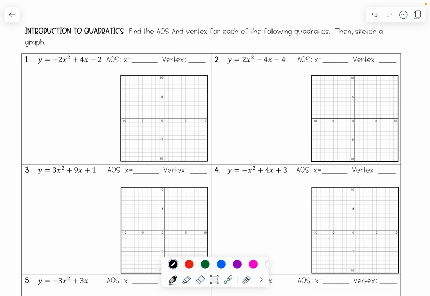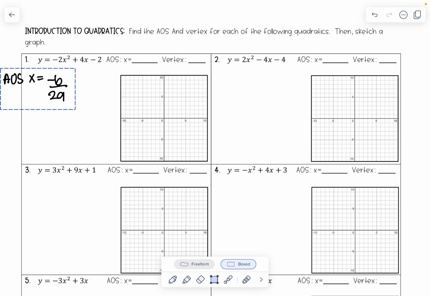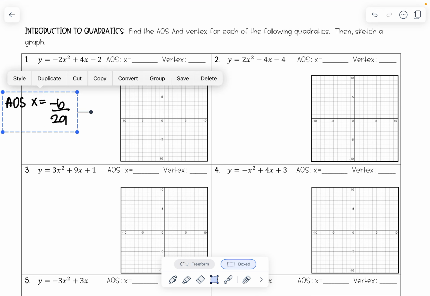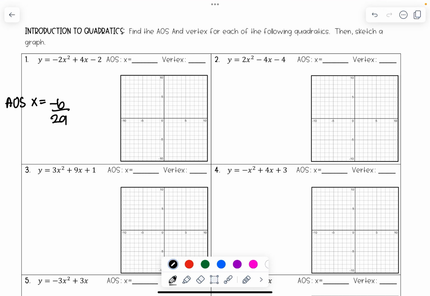So if I want to find my axis of symmetry, my AOS, remember that's x equals the opposite of b over 2a. What we'll definitely need to do first is, again, identify a, identify b, and identify c from the equation.